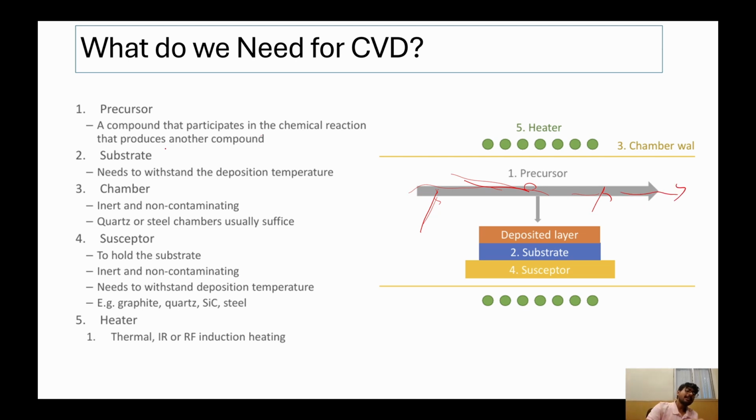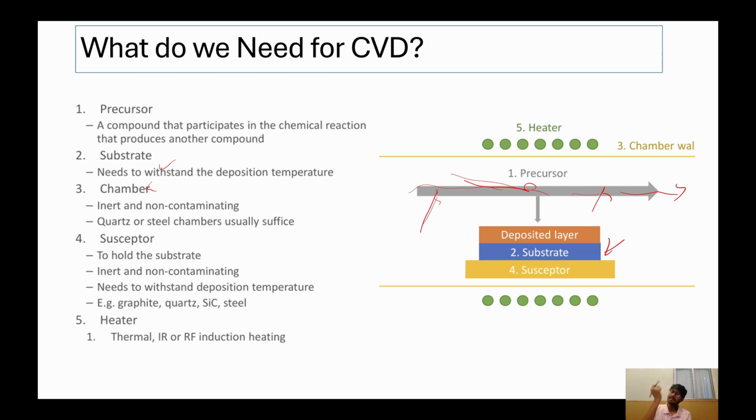Okay, and then the substrate over which you would like to deposit. That substrate should also withstand that high temperature, like 1000 or so degrees. The chamber is inert and non-contaminating; you cannot do these kinds of processes in a metallic chamber.